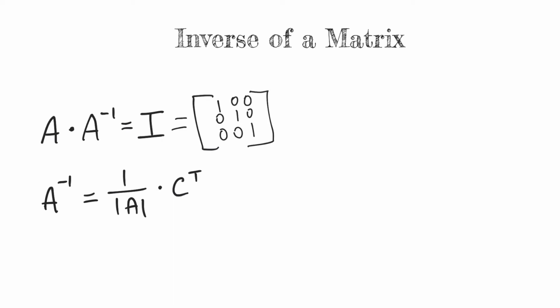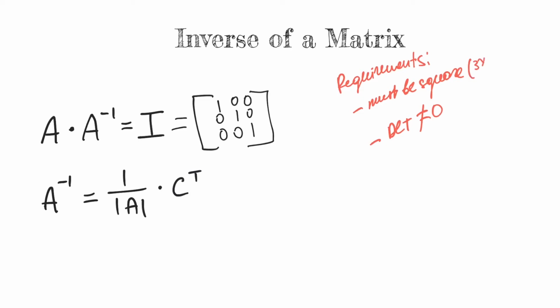But for now, just bear in mind this definition, and the necessary requirement for the existence of an inverse of a matrix is that the original matrix has to be square and the determinant of the original matrix should not be equal to 0. So in case of the determinant being 0, the matrix is called singular and it has no inverse, so it doesn't even make sense to try to find the coefficient matrix, etc.